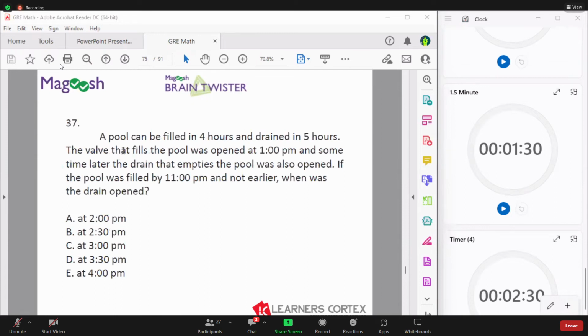A pool can be filled in 4 hours and drained in 5 hours. The valve that fills the pool was opened at 1 p.m. and sometime later the drain that empties the pool was also opened. If the pool was filled by 11 p.m. and not earlier, when was the drain opened?